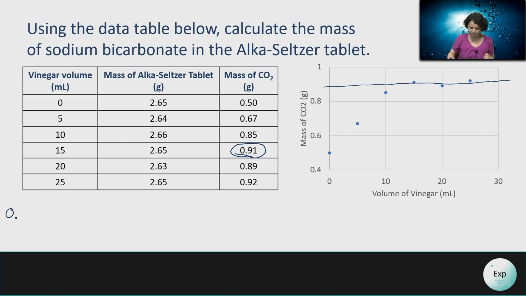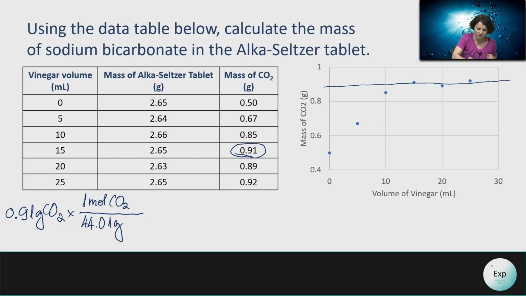We start with what we know, and that is 0.91 grams of carbon dioxide. In step 1, we convert this to moles. 1 mole of carbon dioxide weighs 44.01 grams of carbon dioxide. In the next step, we're going to convert from moles of carbon dioxide to moles of sodium bicarbonate.